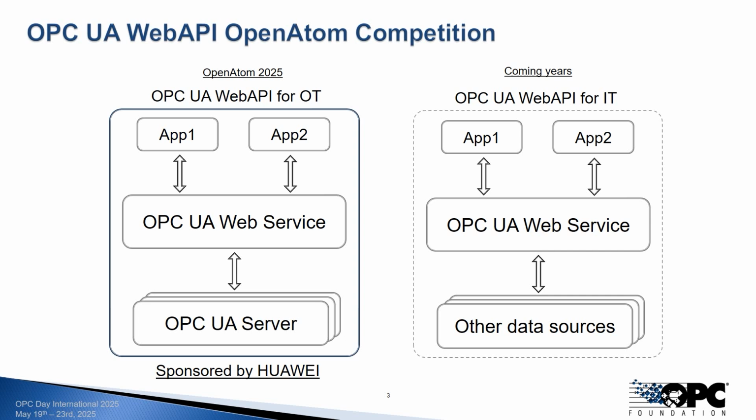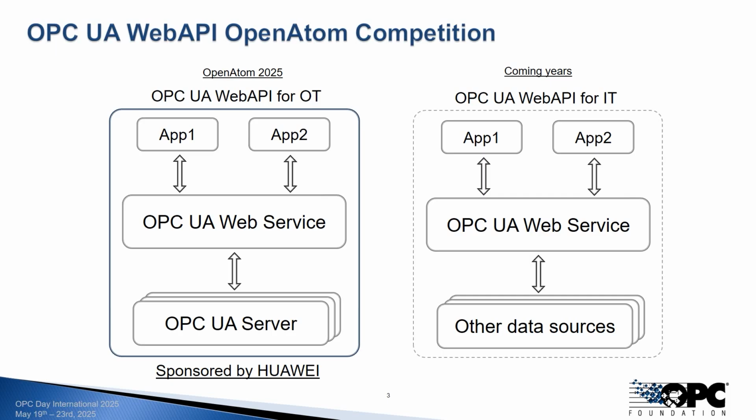By sending an email to OPC Foundation, I got a quick feedback from Huawei, saying they are interested and willing to sponsor this competition. And after a short discussion, we decided to launch a series of competitions on OpenAtom.